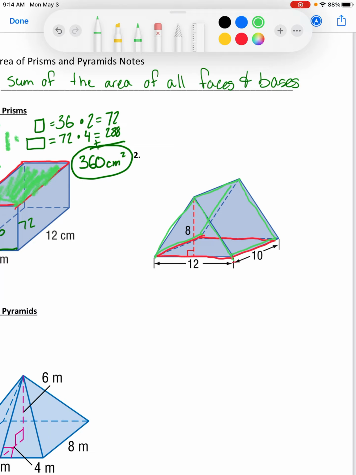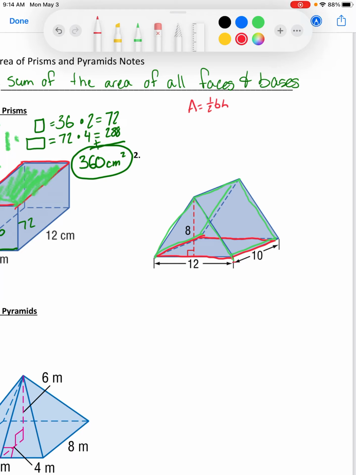So first things first, let's go ahead and calculate our two triangles. The formula for a triangle's area is 1/2 base times height. And this triangle has a base of 12 and a height of 8.